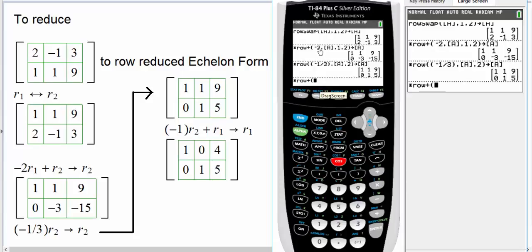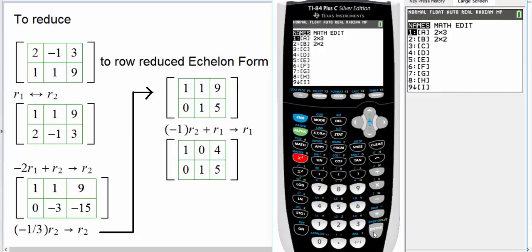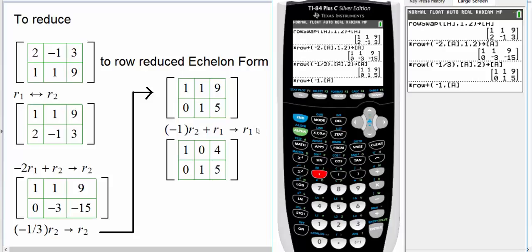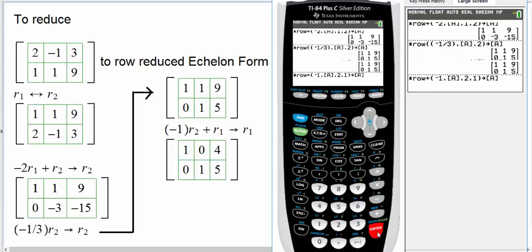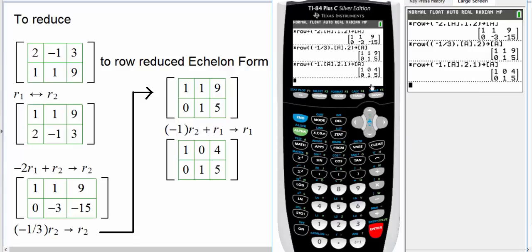The sequence is written right here: we are going to do this multiplication by 1. The matrix is A. The row we are multiplying by 1 is row number 2. And we are adding it to row number 1, and that is going to become my new matrix A. Okay, and there we go. We have the row reduced form 1 0 0 1 and 4 5.